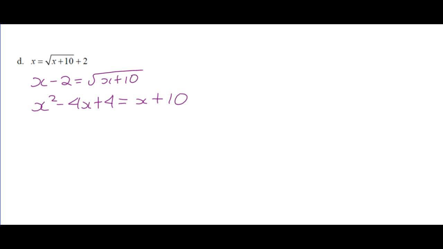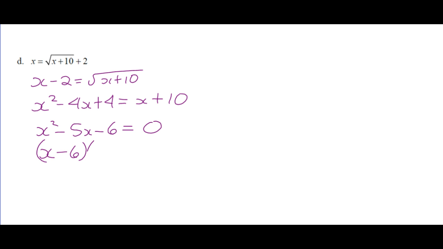If you're squaring a binomial, there will be 4 products, which will likely collect into 3 terms, right? We can't guarantee that. It depends if there's other radicals in there or stuff. Okay, so we're going to get x squared minus 5x minus 6 is equal to 0.